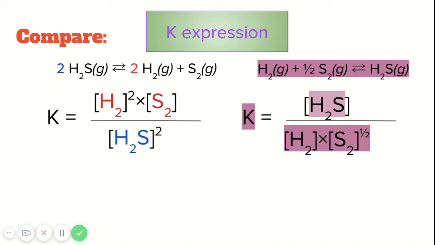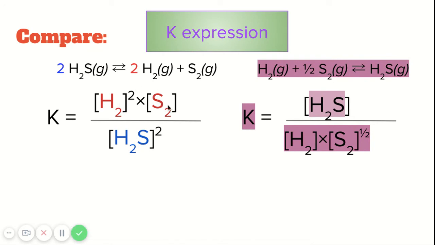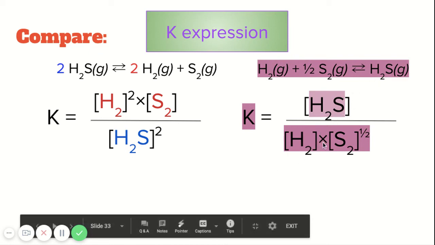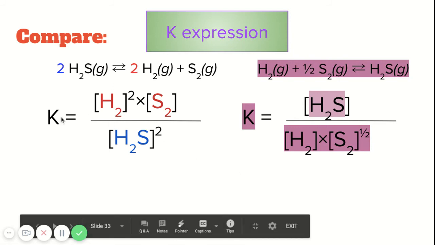So they involve the same 3 chemicals, and the H2 and the S2 are on the same side, and the H2S is on the other side, and these two have larger exponents than the other guy. So you're looking for relationships. So I would start doing things to the main one.